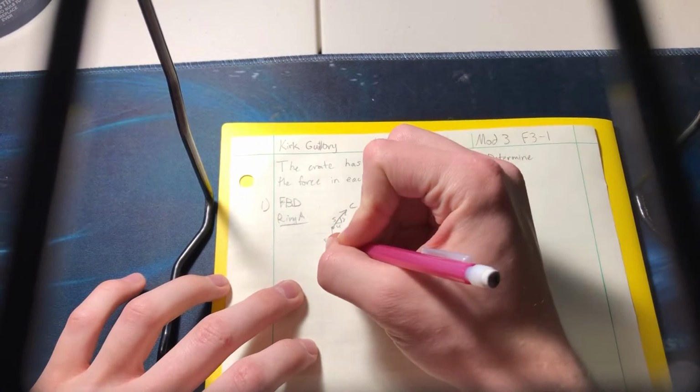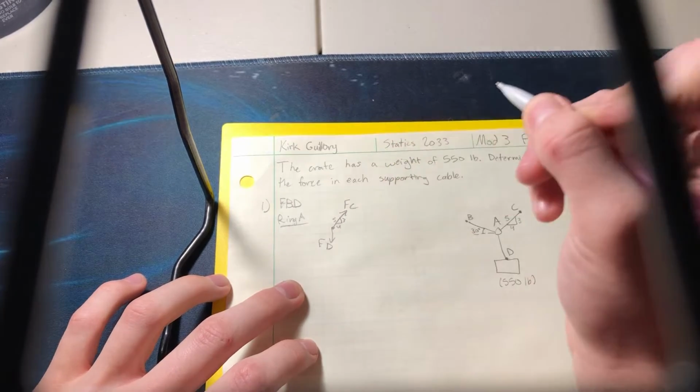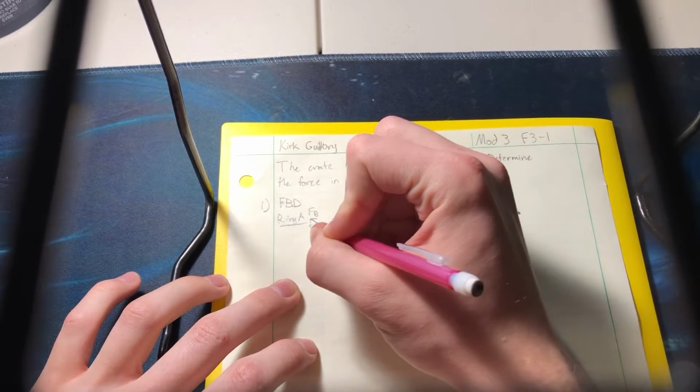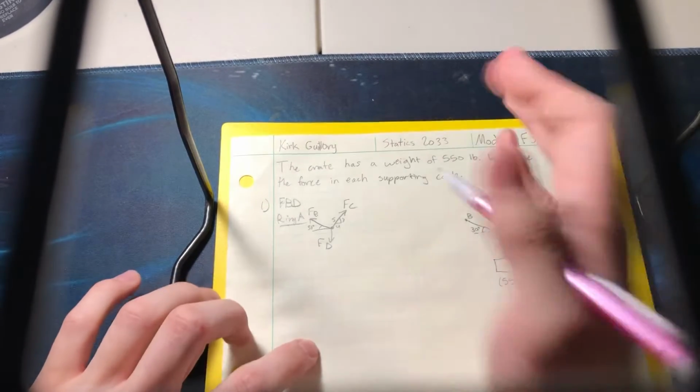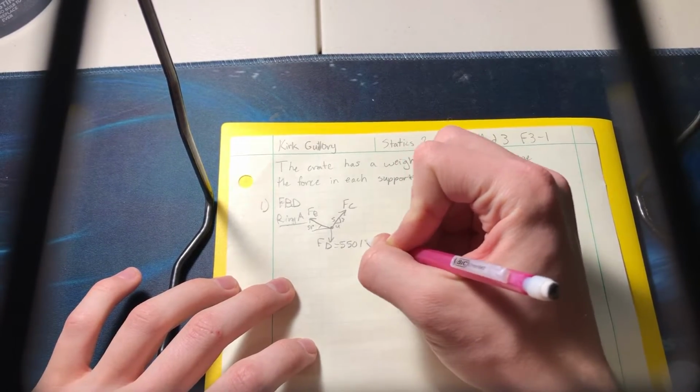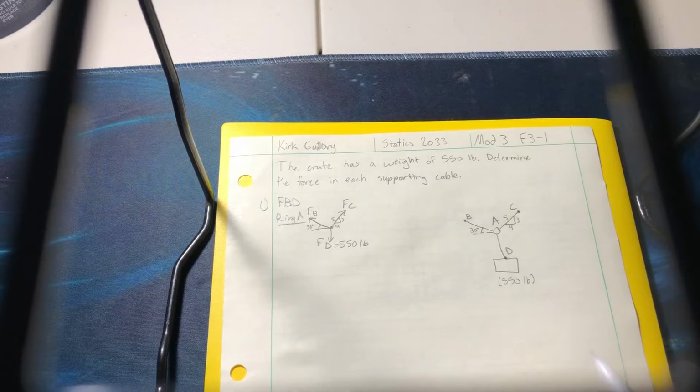Let me rewrite these as FD and FC, and then FB will be in this direction. That's an angle of 30 degrees. And FD it already gives us, which is 550. From there, the next step is components.